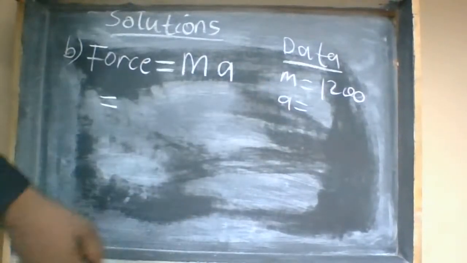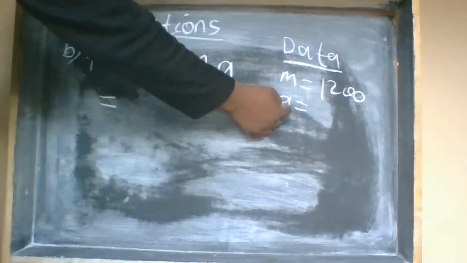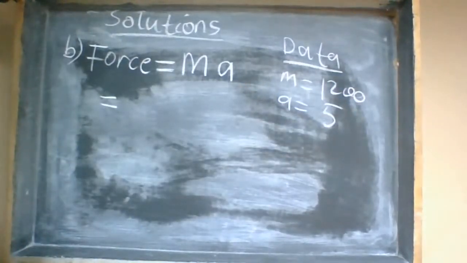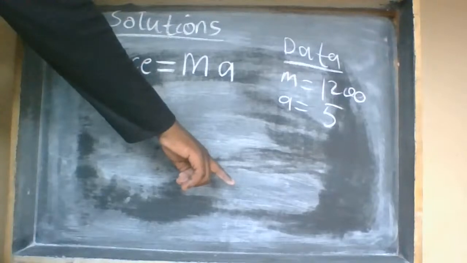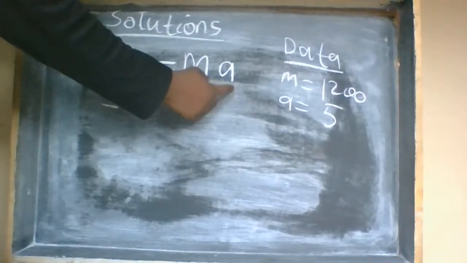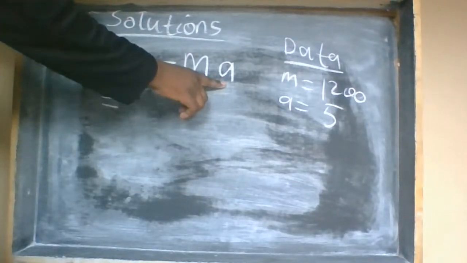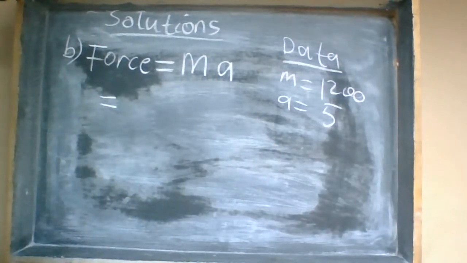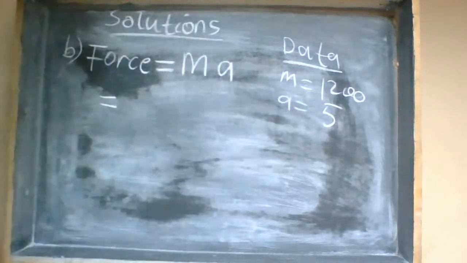Our deceleration was -5, so our acceleration will be 5. To turn the deceleration into acceleration, we just remove the negative sign. It's the same, just without the negative sign.